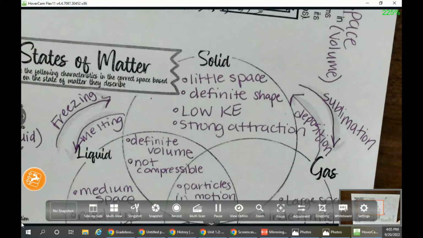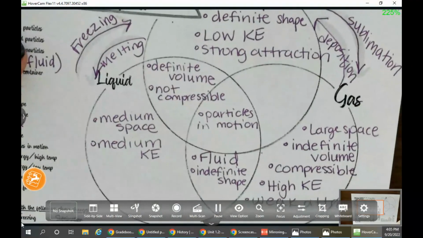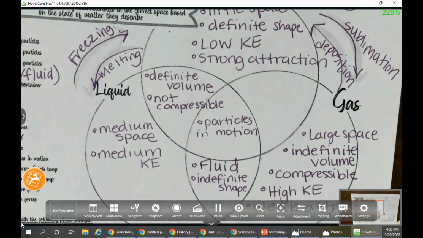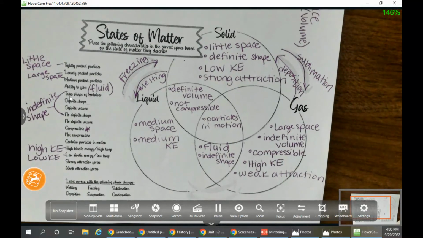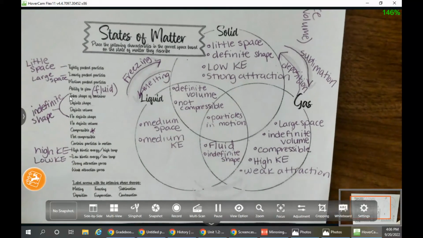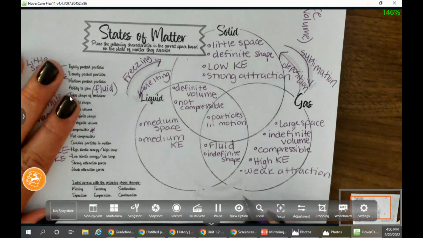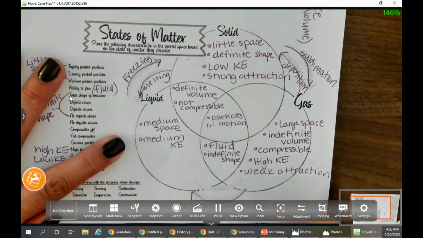And then finally, down here, if we're going from a gas to a liquid, what is that known as? That is condensation.